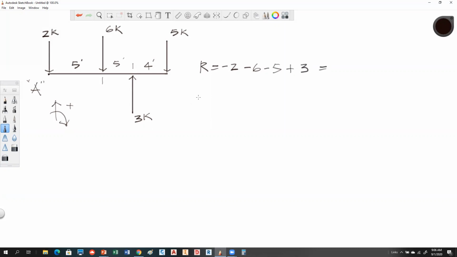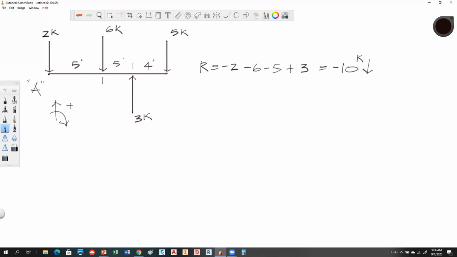And again, the negative sign is coming from the fact that I'm saying acting down is negative and acting up is positive. So we're just utilizing that, and what we get is -10. So that tells me that the force is going down. Okay, is everybody with me on that? And the unit is kips. So that's pretty simple. There's nothing to that.